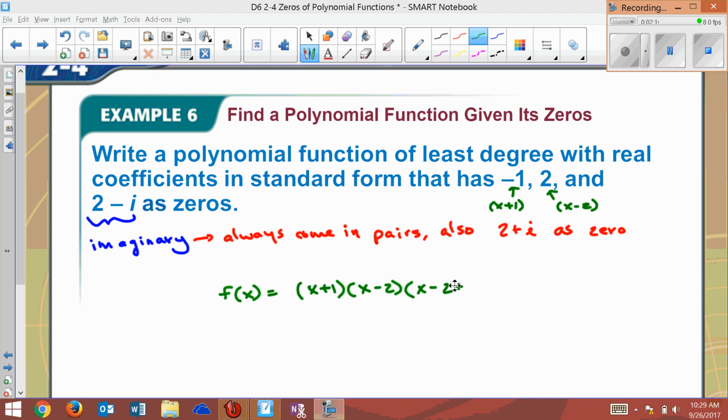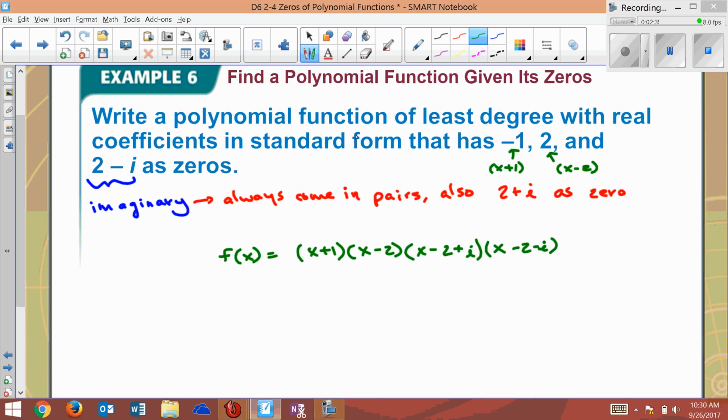Now don't get carried away with, whoa, do I switch this i, do I not? Because you're always going to have two of them. You'll have one with a positive i and one with a negative i. What you just need to know is the number values always switch. So this one would be x minus (-2 minus i). So both signs will switch. You just need to have both there. Now that would be how you write it as a linear factorization.